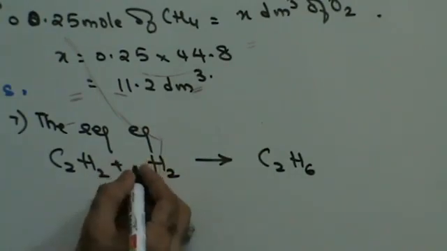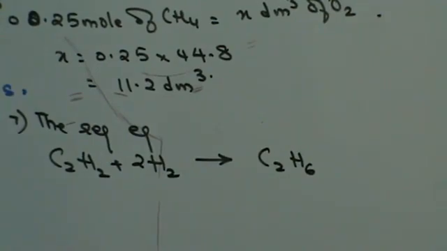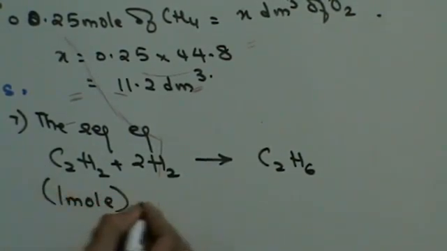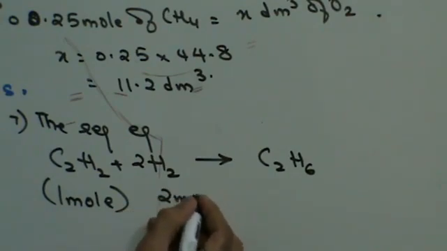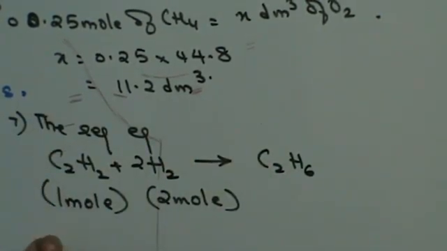Balance the reaction: I'll have to put 2 here. That means 1 mole of ethyne requires 2 moles of hydrogen. First you make the equation, and whatever is the balancing is the number of moles.